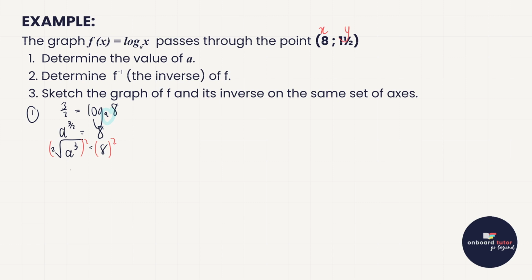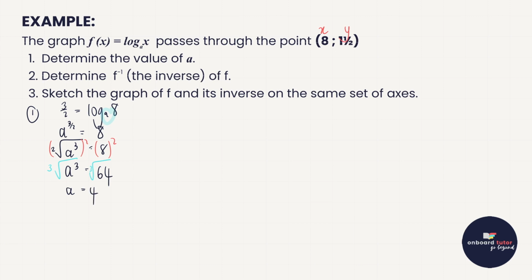Then we'll have a to the power of 3 is equal to 8 times 8, which is 64. And now, strangely enough, we're going to cube root over here, and what I do to the one side, I do to the other side. So what times itself 3 times gives me 64? That answer is 4. So a is equal to 4.